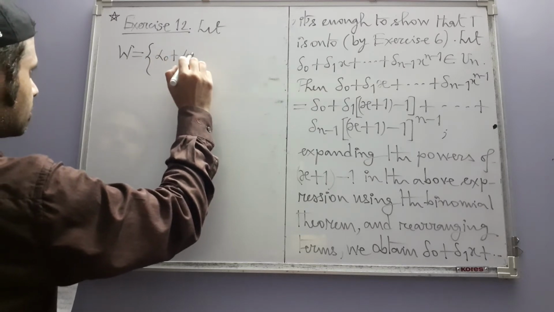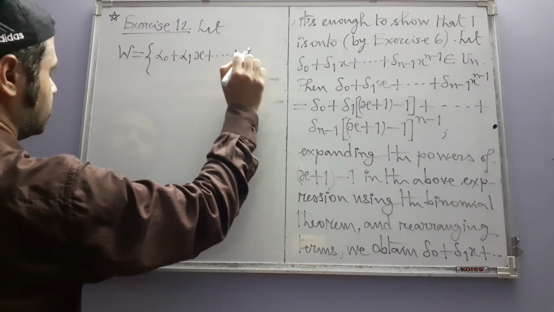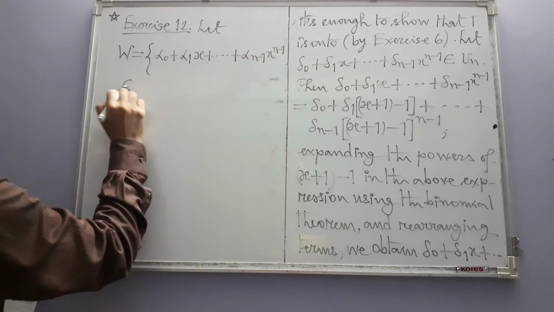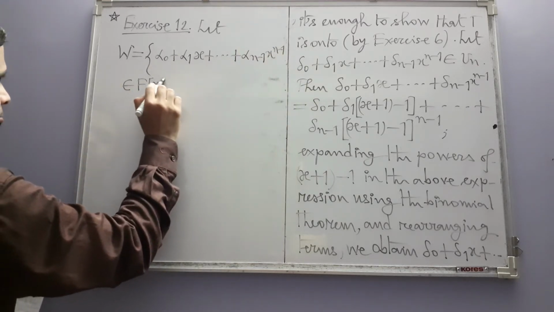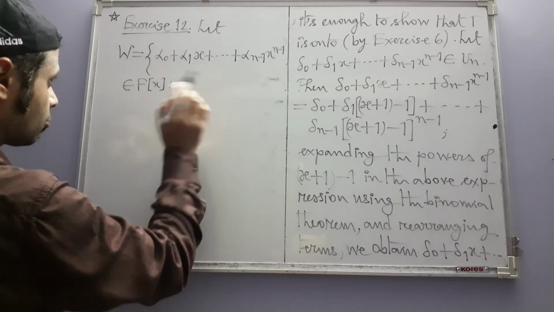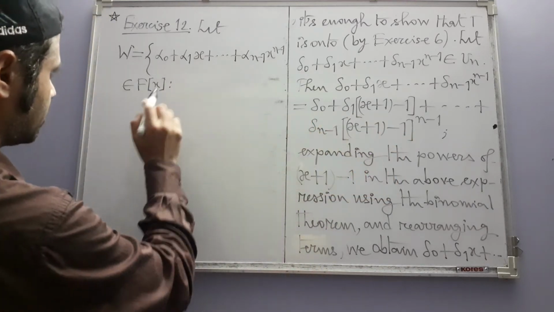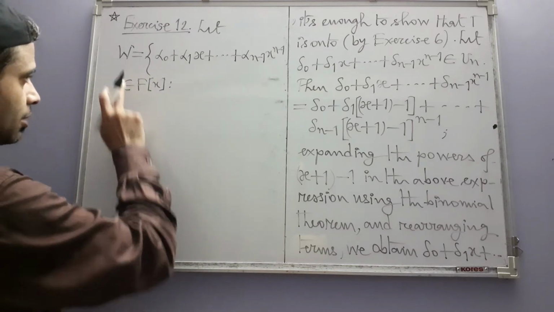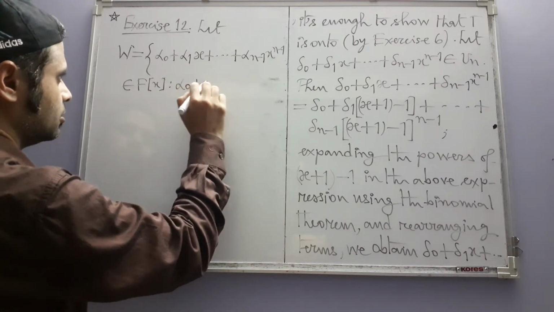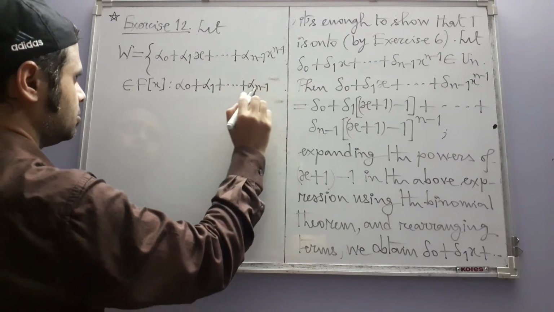Now this time the author is not using degree, so now there is no problem with this new set, belonging to F[x], such that not just that this is how a general element in Un looks like, we have already seen, but now there is an additional condition. So this W will turn out to be a subset of Un, and that condition is this, that the sum of all these scalars is 0.